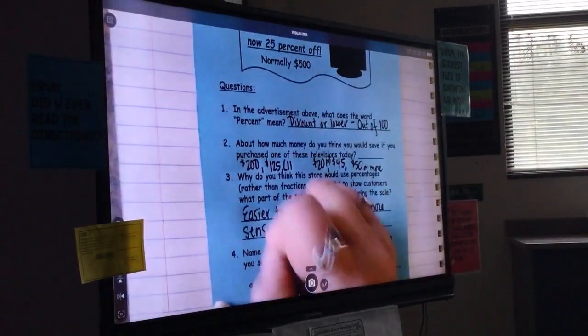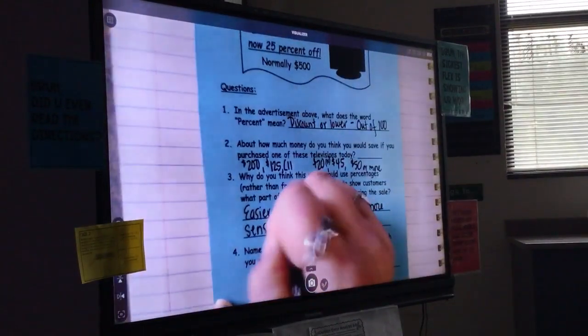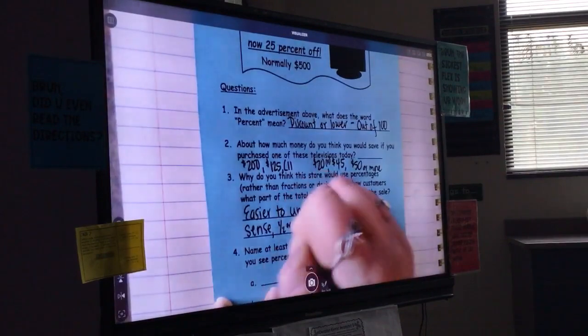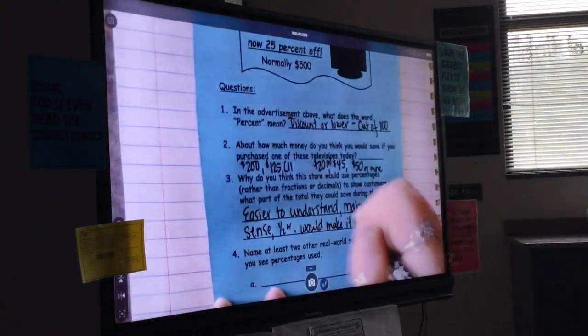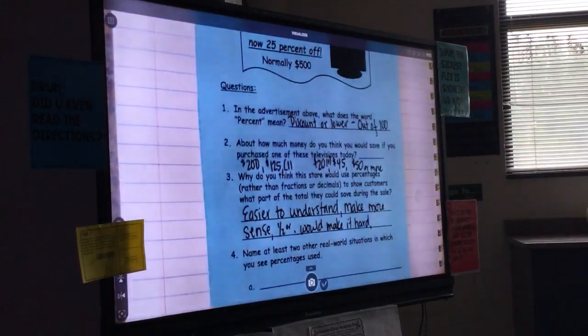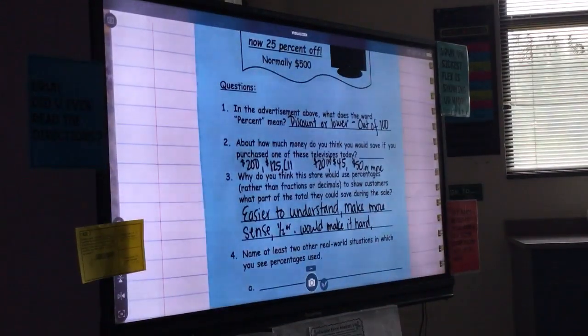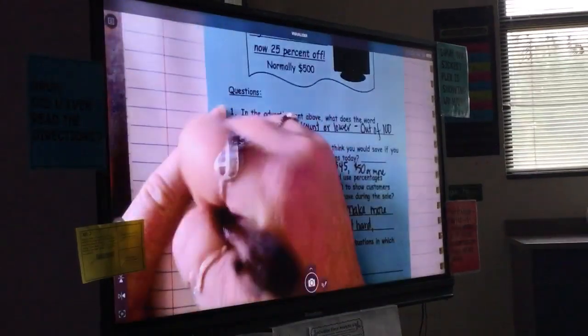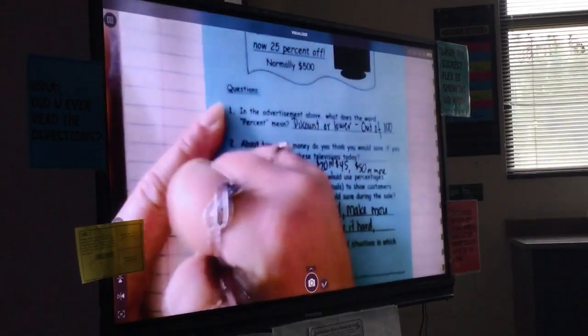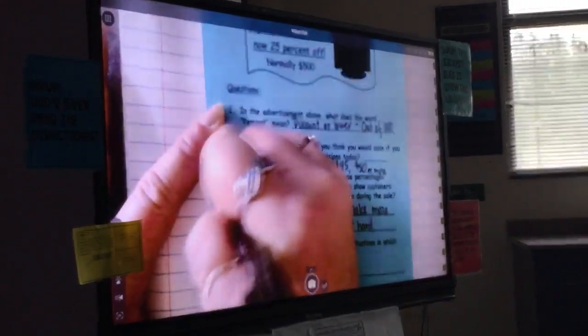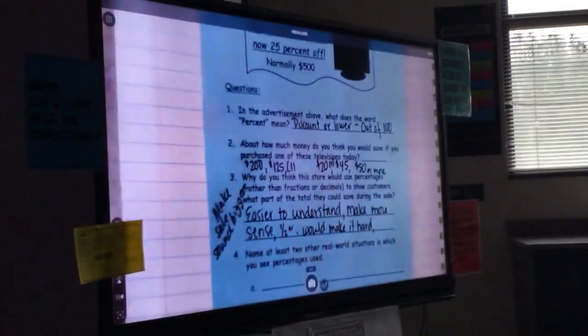Okay, so a fraction or decimal would make it hard. All right, Isaac. To make the sale sound bigger. Okay. So make the sale sound bigger.